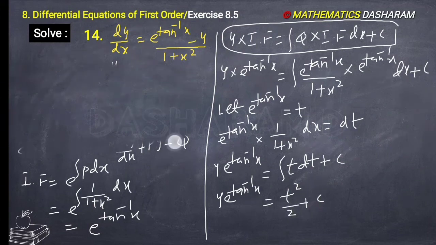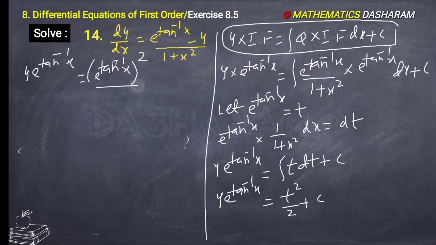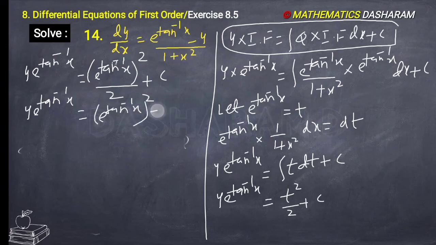Now substitute the t value in this. So y into e to the power of tan inverse x equals, the t value is e to the power of tan inverse x whole square by 2 plus c. Now 2 transpose to the left side, so y into e to the power of tan inverse x equals e to the power of tan inverse x whole square plus 2 into c by 2.